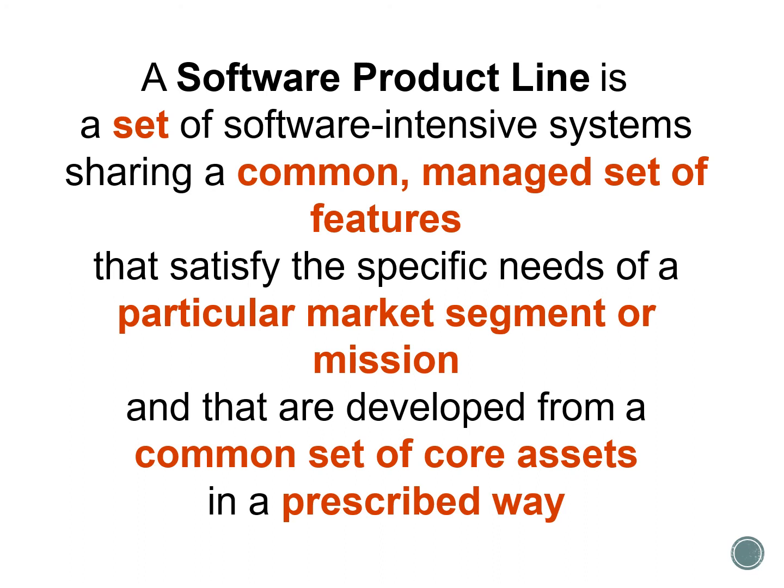Now that we have the capability of reusing our assets or subsystems, or releasing them several times on different versions, we can consider the software product line as a set of software-intensive systems which share a common managed set of features.